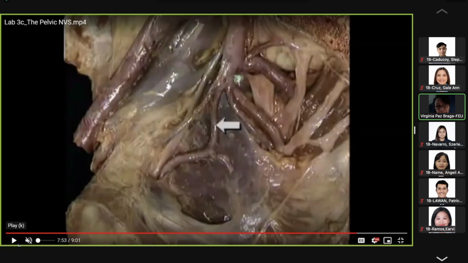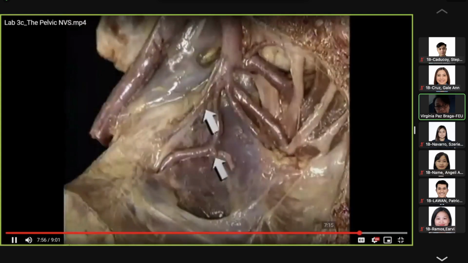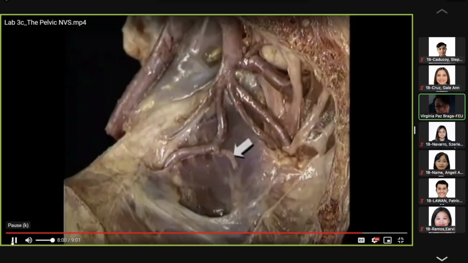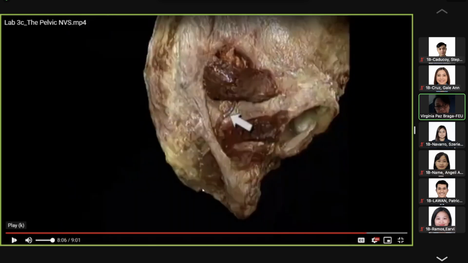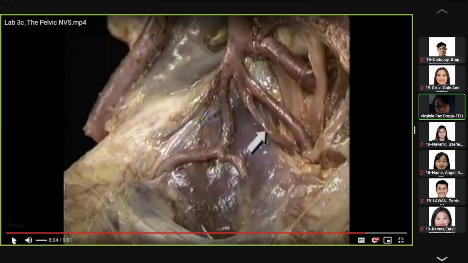What is this? Greater... artery. Ends of the sacral vessels. Okay. The middle rectal artery. Middle rectal. The start of the pudendal artery. Let's go back to that frame.